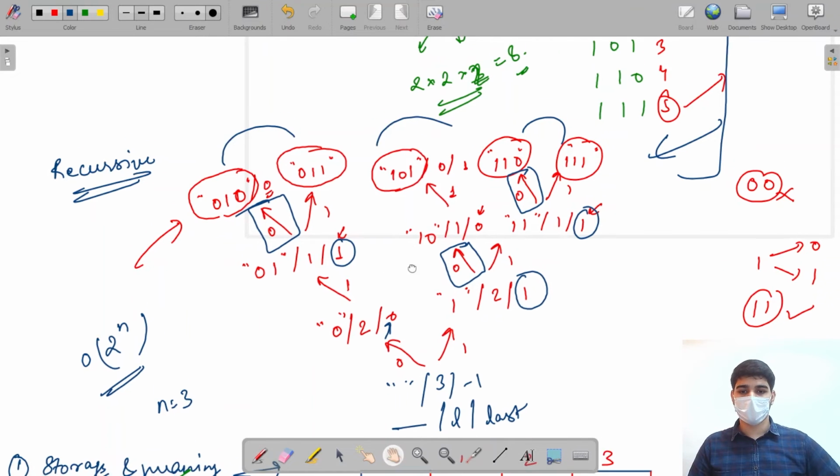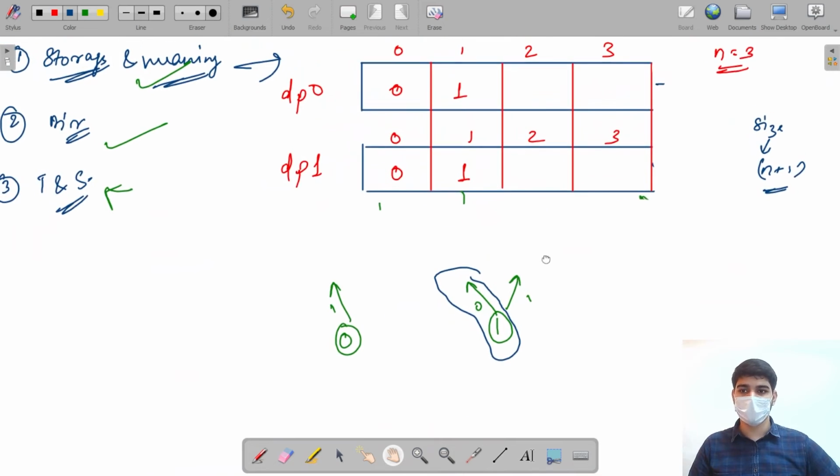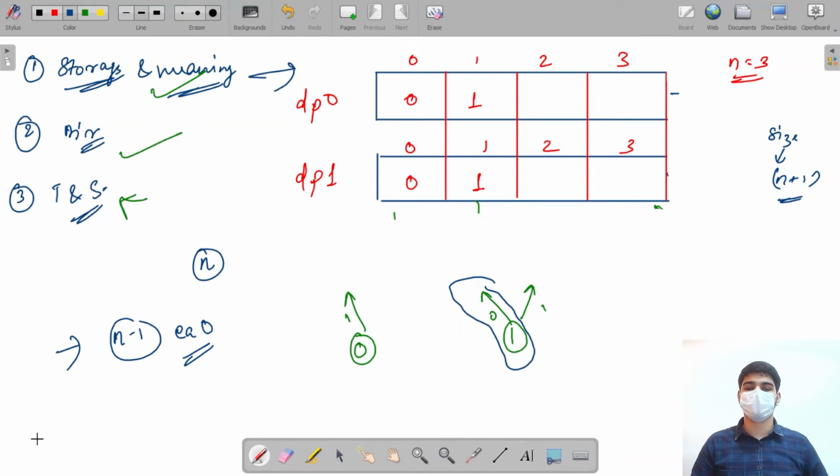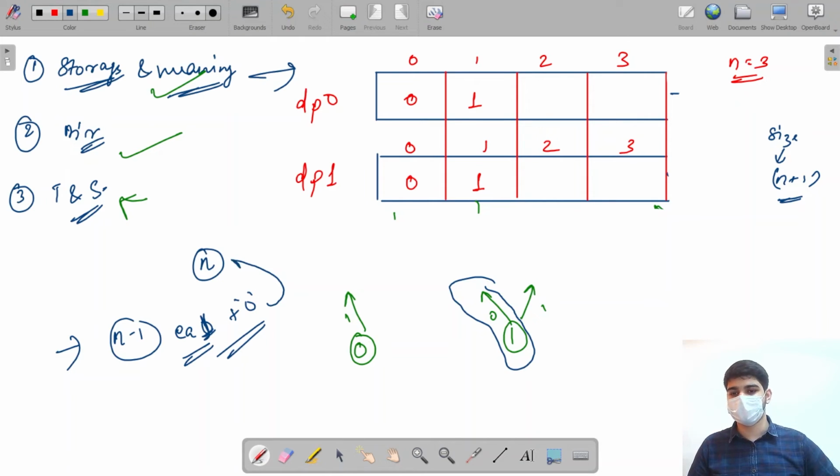So when I am doing tabulation, keeping the same idea in mind, I would have 0 added to all the strings of length n minus 1. So if I'm at length n, all the strings of length n minus 1 which end at 1, I would add 0 to them. And this would give me the number of possible strings of length n which end with 0.